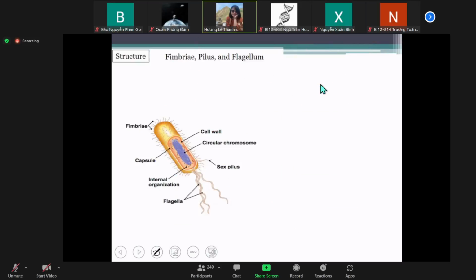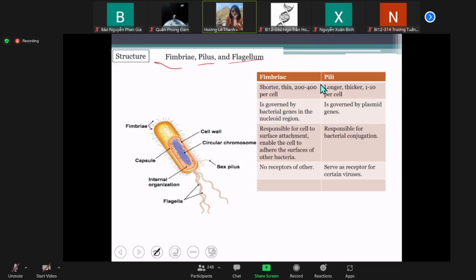Fimbriae, pili, and flagella. I have a table that compares the fimbriae and the pili here. The fimbriae, you can see that there are numerous. Pili, which we also call the sex pili, are longer and thicker and fewer in number in the cells.